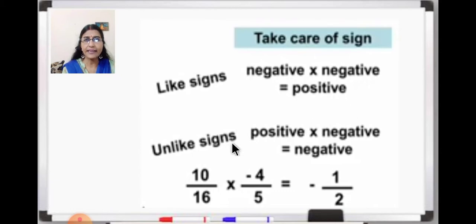And if the signs are unlike, like if one is positive, the other one is negative, when we multiply positive by negative number, you will get a negative number. Or negative integer multiplied by a positive integer, you will get a negative integer. This is all we have learned in chapter number 1. So the same rule which we have learned in chapter number 1, we have to follow here also.